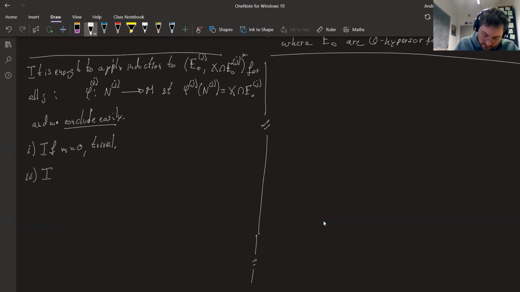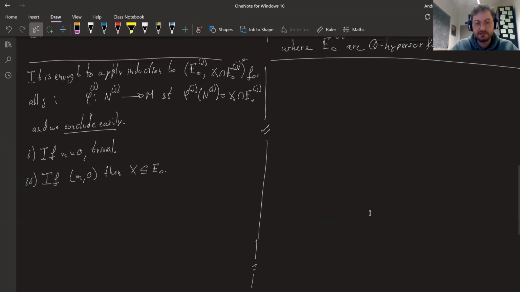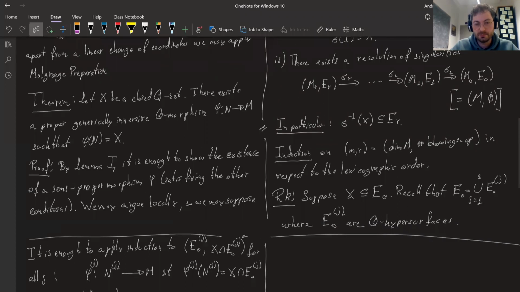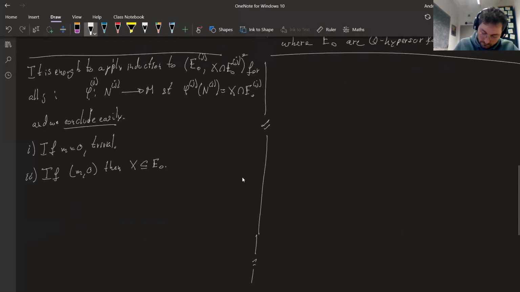The second thing is, if we have R equals 0, then X must be contained already in the exceptional divisor. So this is because we are making no blowing up. Since we know that the preimage by the entire sequence of blowing ups is contained in ER, the only chance that we have is that it's already contained in E0. And we conclude by the remark.